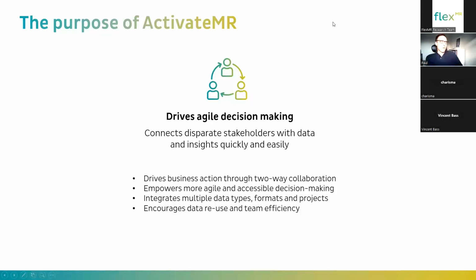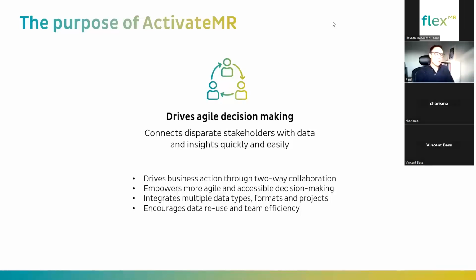So the purpose of ActivateMR is to help you drive agile decision-making in the business, and by doing that, to inform more decisions in your businesses and to improve the agility of your decision-making. It connects disparate stakeholders with data and insights quickly and easily.